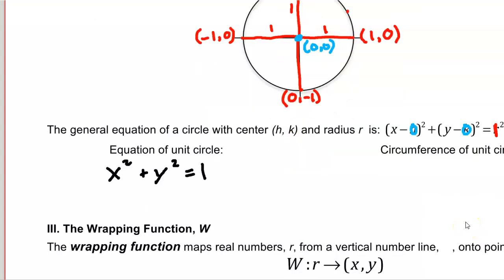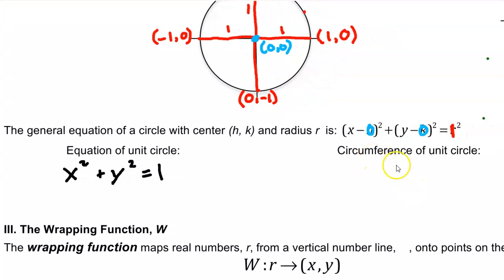And just to reiterate, the circumference of a circle, we already know from grade school, is 2 pi times r, sometimes pi times d, but 2 pi r is more common. But once again, of course, our radius is 1. So going back, this is why there are 2 pi radians all the way around a circle.